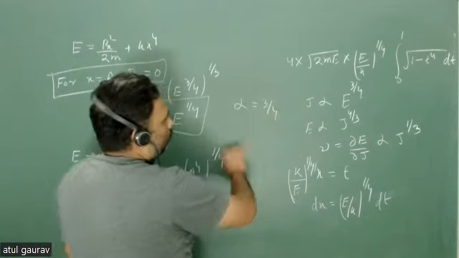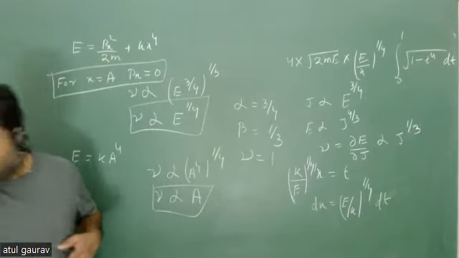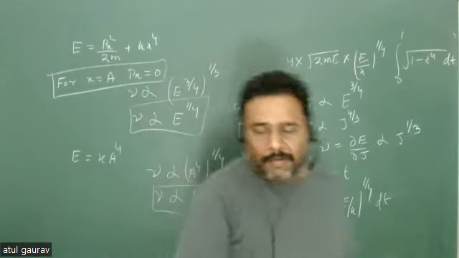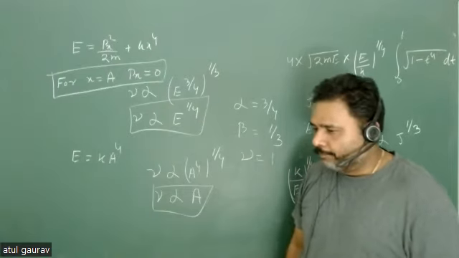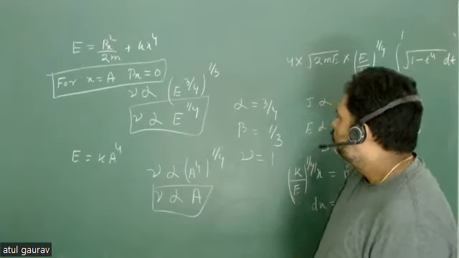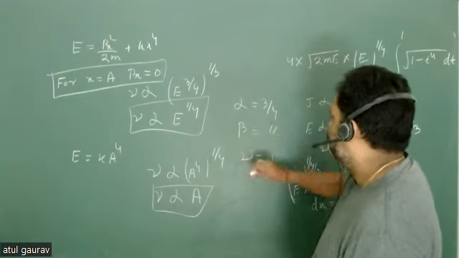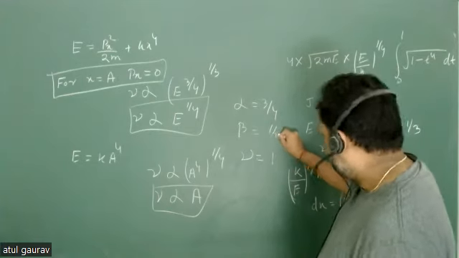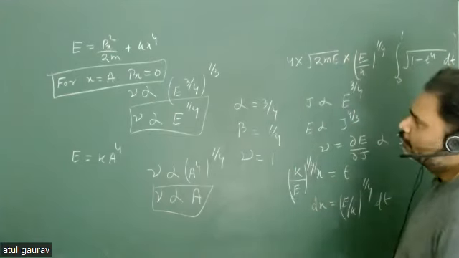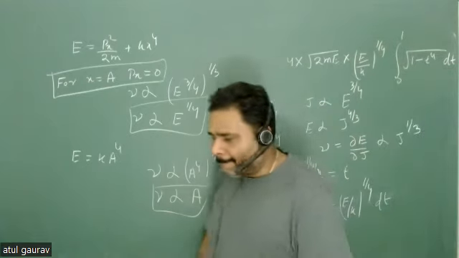Beta की वैल्यू क्या आ गई? 1/3. What is value of gamma? 1. Clear है ये? Everyone? बीटा की वैल्यू 1/4 है. Sorry, beta is equal to 1/4. Good. Thank you. Okay?